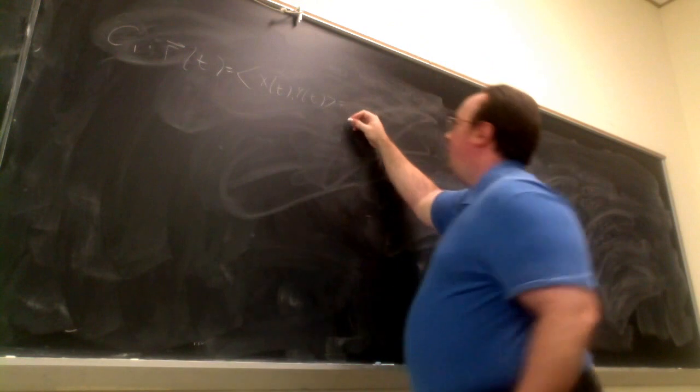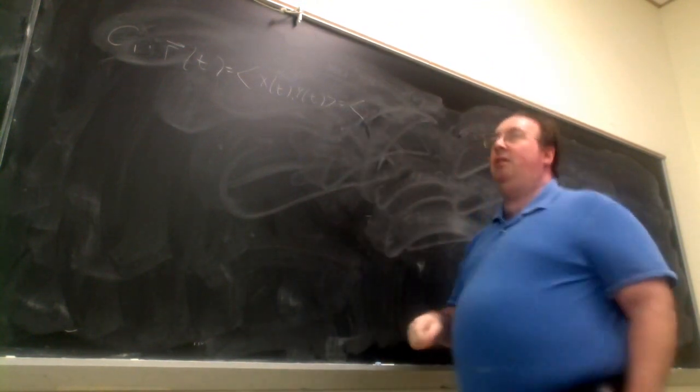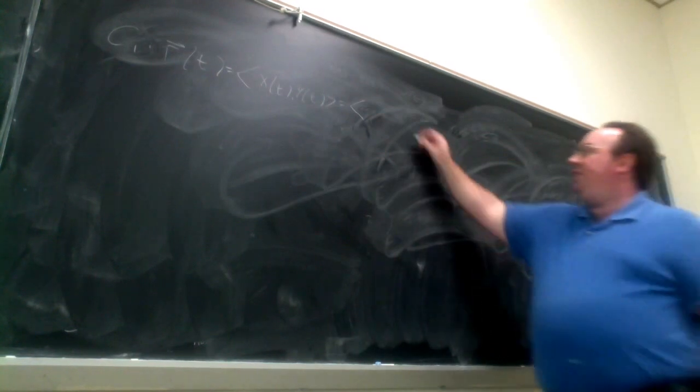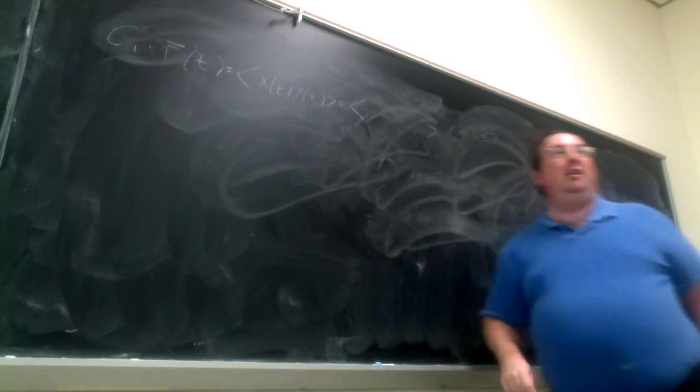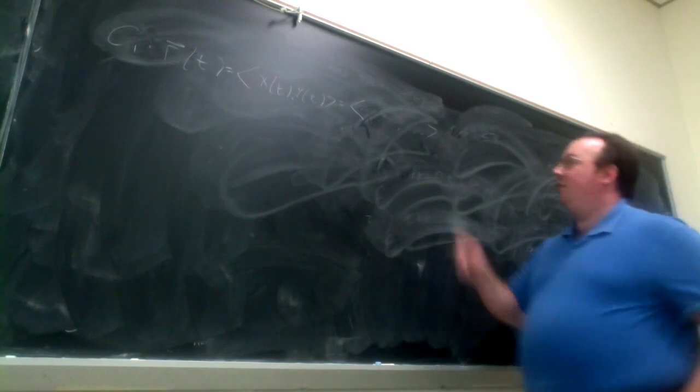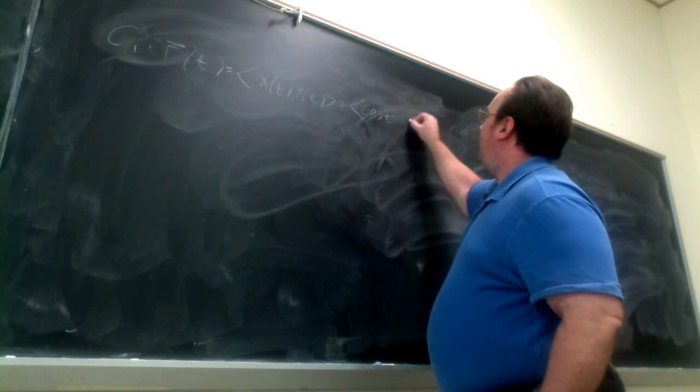Based on the experience you've had dealing with all things circles, what should x of t and y of t be? It's okay if it's wrong. Yes, cosine t, sine t.